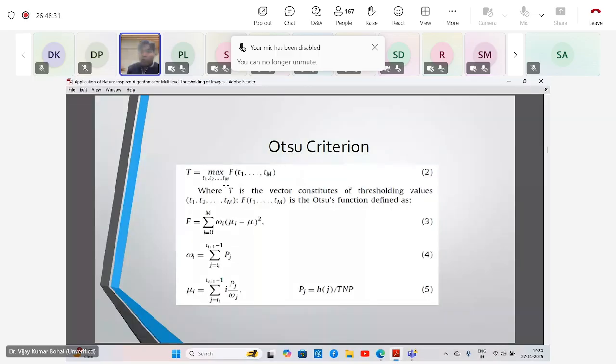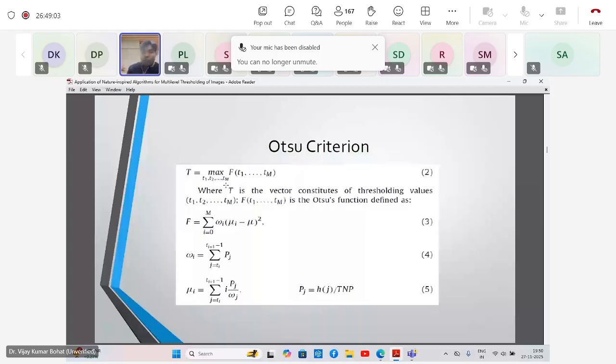F(T1 up to Tm) is the Otsu function defined as f equals summation i equals 0 to m of omega i times (mu i minus mu) squared. So in equation 3, i is equal to 0 to m, where m are the thresholds that we are looking for. For every threshold, we have to maximize this particular function. Here mu is the mean of the complete image, and mu i is the mean of the individual class.